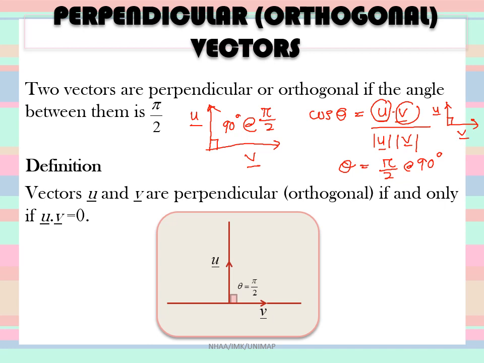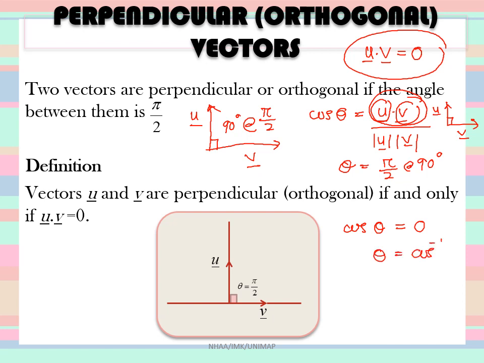This situation will occur whenever the numerator, which is u dot v, is equal to 0. When this dot product equals 0, you will get cos theta equal to 0, and theta will be pi over 2 or 90 degrees.